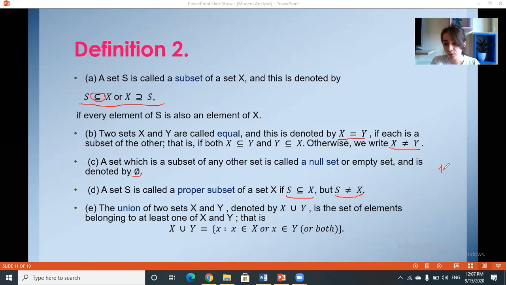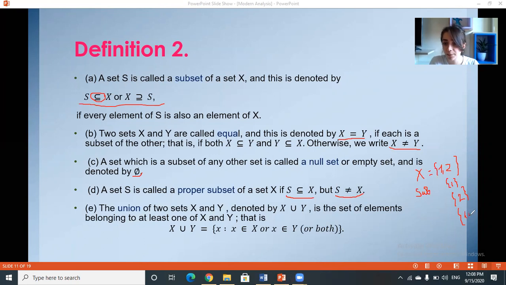Let me write {1, 2}. This is our set, let it be X. The subsets of X are {1}, {2}, and {1, 2}.